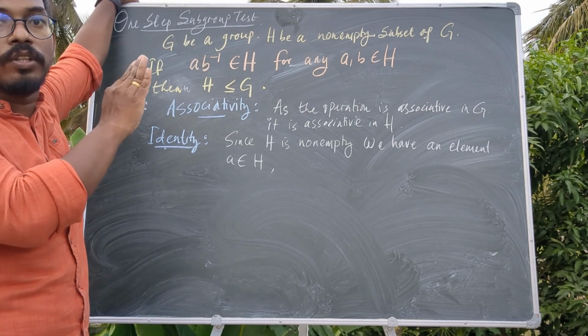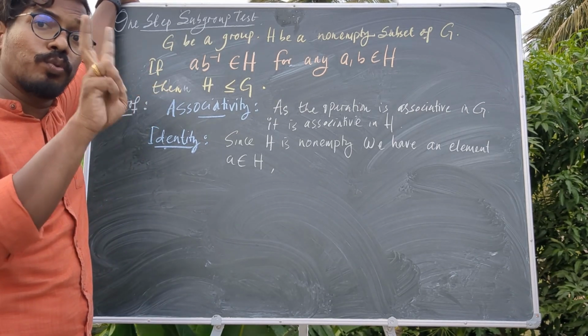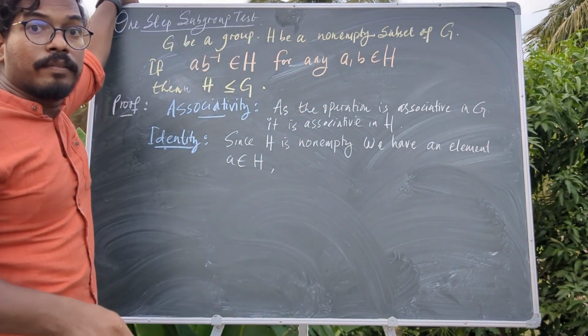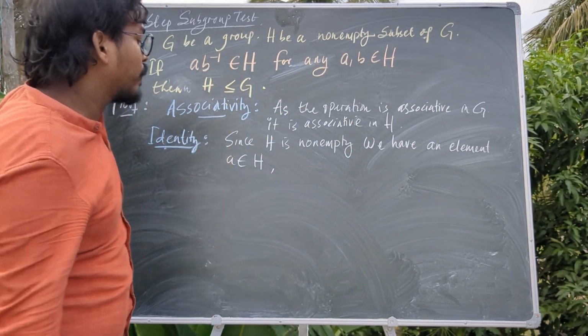There is no condition on A, B. A, B are just two elements of H. B can be A also, they both can be the same.